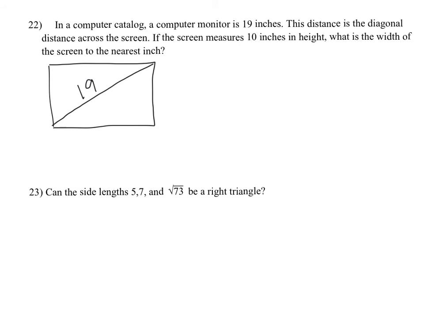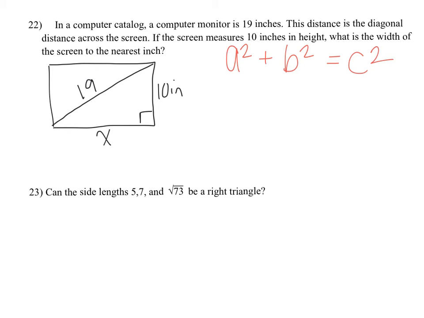The screen measures 10 inches in height. What is the width? Now, I wrote x, and I'm fully aware that x is not one of our variables in the Pythagorean theorem, but I did that on purpose. A squared plus b squared equals c squared.